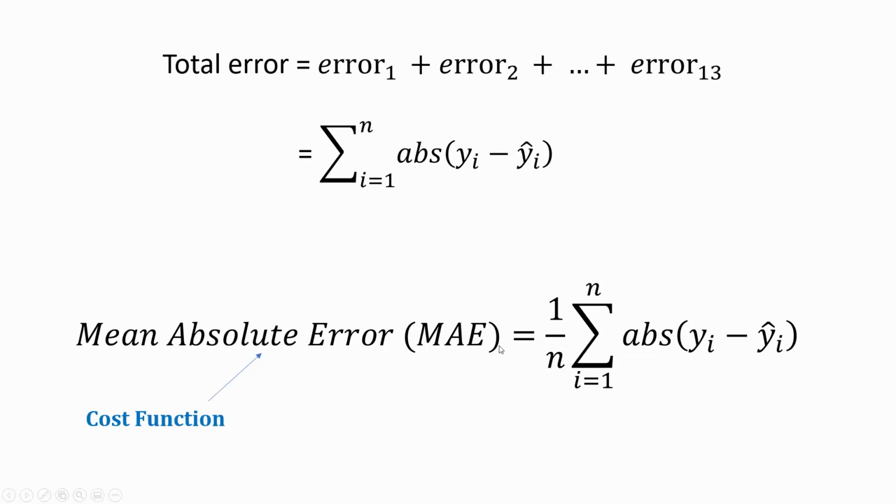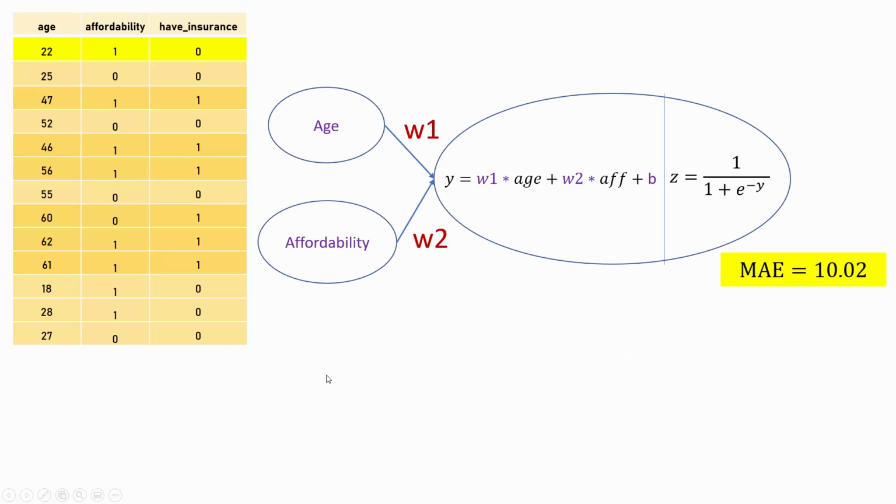Here, the mean absolute error is called the cost function, and the individual errors that we are getting, error 1, 2, etc., are called loss. Sometimes people use loss and cost as synonyms, but as per Andrew Ng, individual errors are called loss and the cumulative error, or the mean absolute error, is called the cost function.